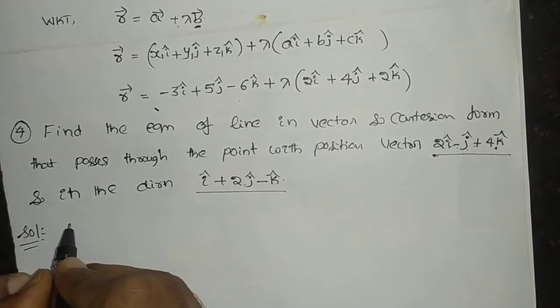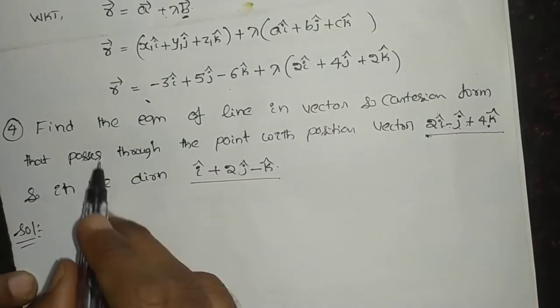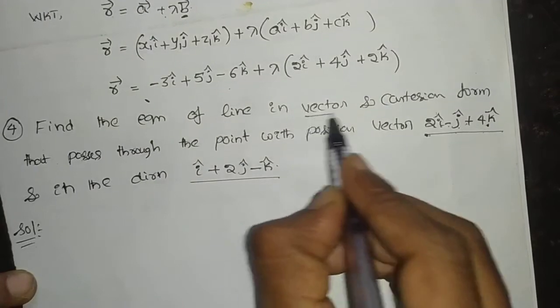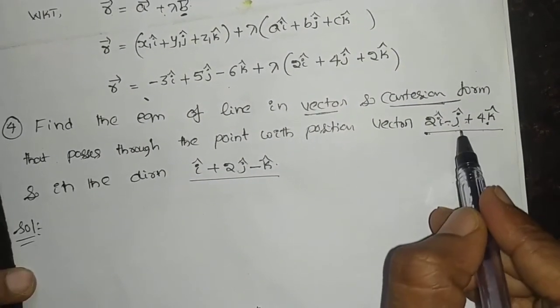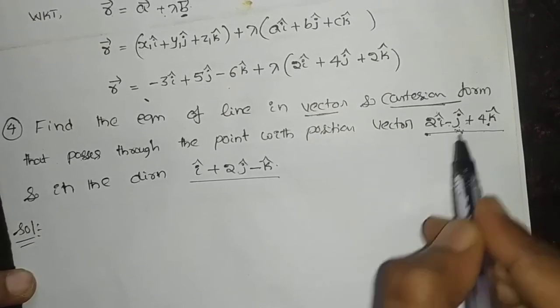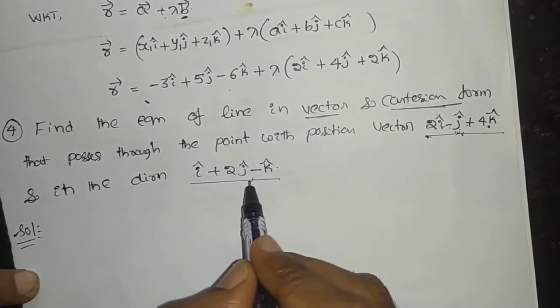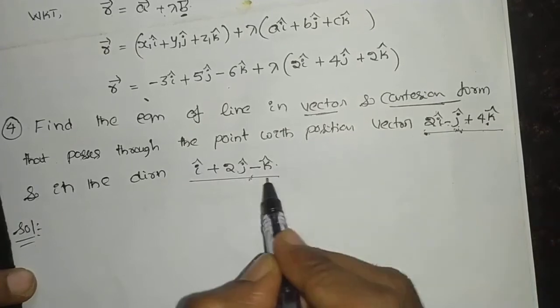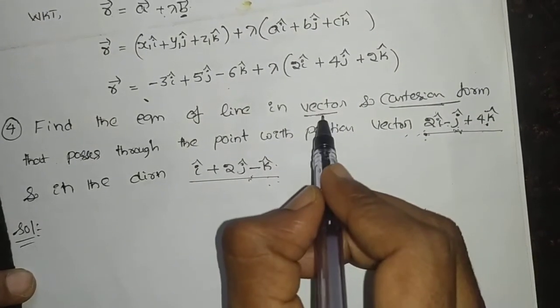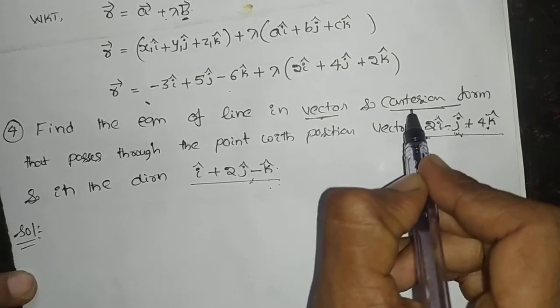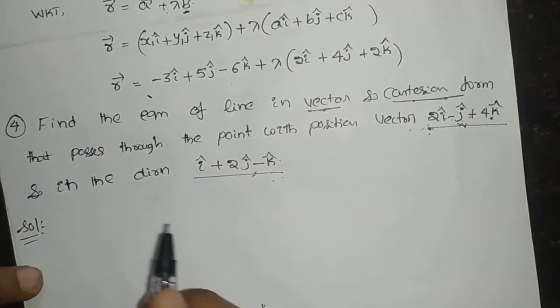Now write down the given things. We have to find the equation in vector and Cartesian form. Hints are given: the position vector is given and the parallel vector is given. By using these two hints we have to find the vector and Cartesian form. First write down the given things.